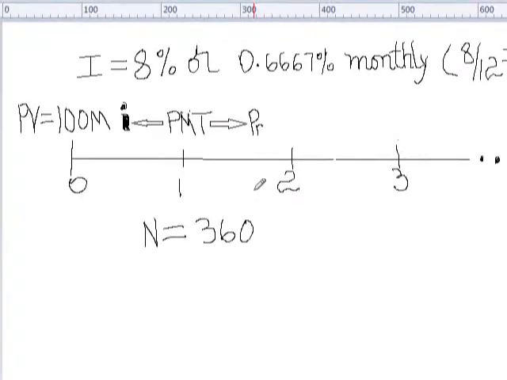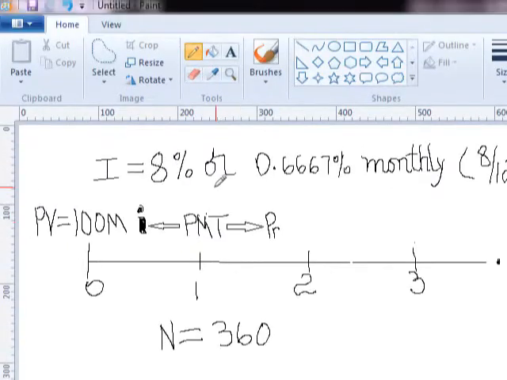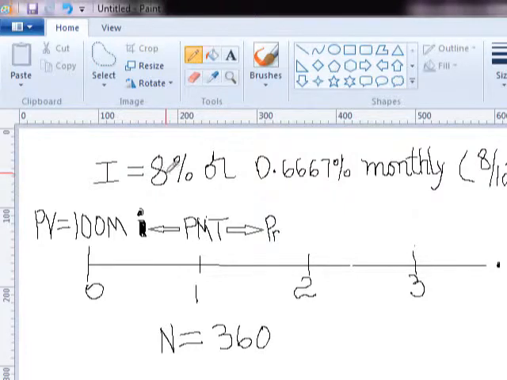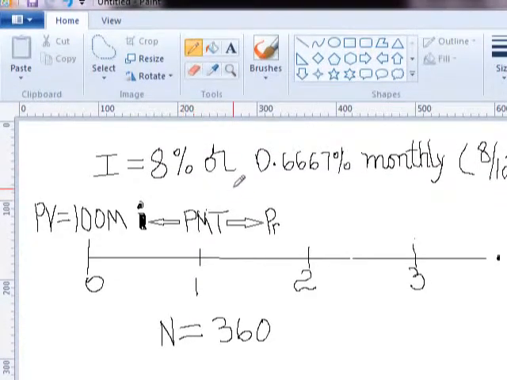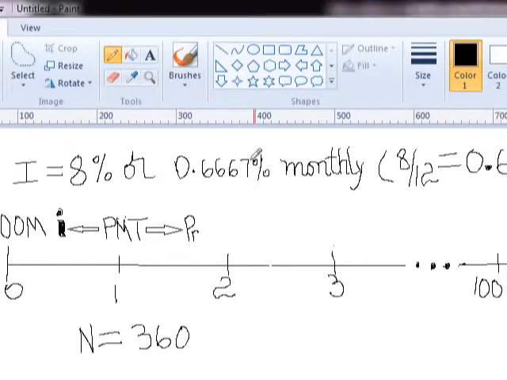Like we can see, the $100,000 represents the present value of this mortgage, because right now if we had to pay everything, it would be 100,000. Remember, the interest rate was 8%, but it was annual. Since we have to pay every month, we have to determine the monthly interest rate.